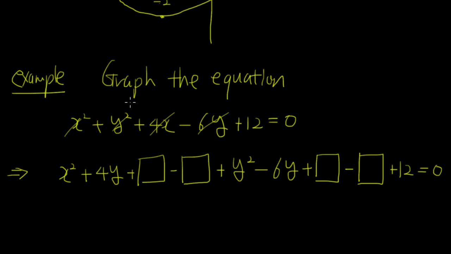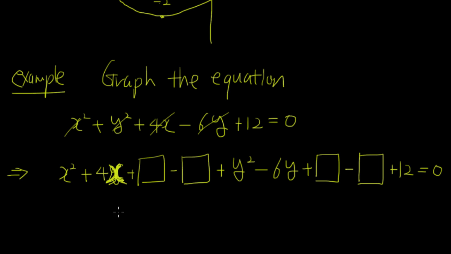Alright, so this is how we set it up, right? This plus box minus box is going to be added right after the 4x term. Oh, you know what? Why did I write y here? This is a total mistake. This must be x. So let me just correct it, x.